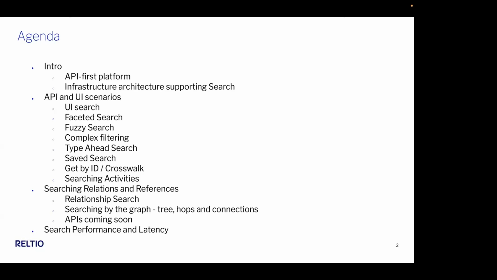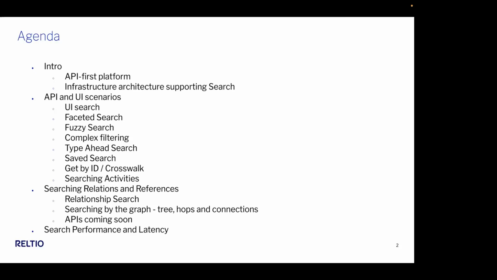We'll touch base on the infrastructure architecture supporting search, the underlying layer specifically, because that brings understanding of topics like what is my optimal API to use for a specific scenario, or why should I expect certain latency and performance from search APIs, things like that.